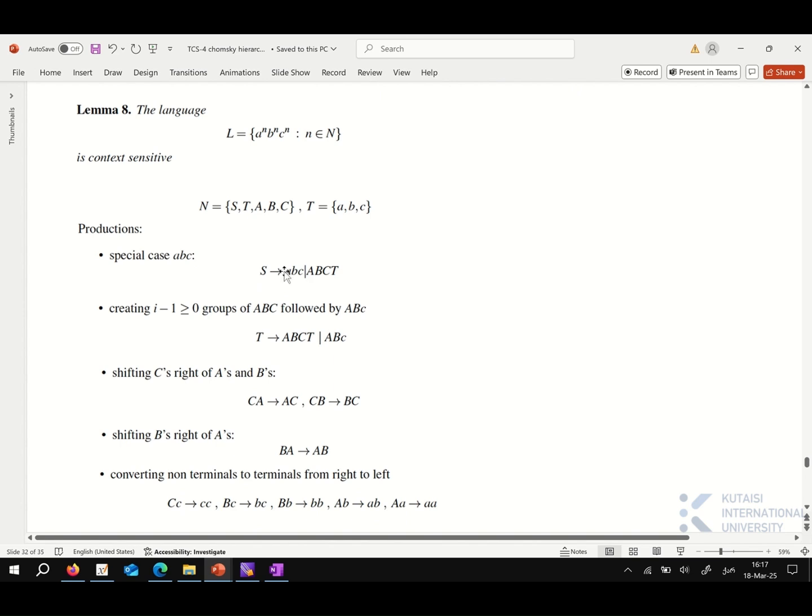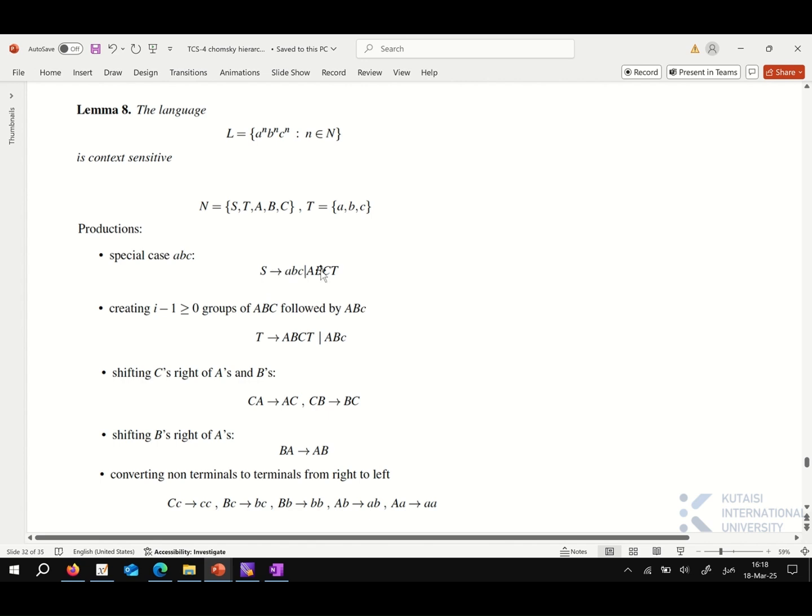I can just specifically give you a grammar. It's of course context sensitive because it satisfies all the rules of a context sensitive grammar. And you can go through an exercise. We'll put in the exercise that this grammar generates this language. So you have 5 non-terminals, 3 terminals, and these are the production rules.